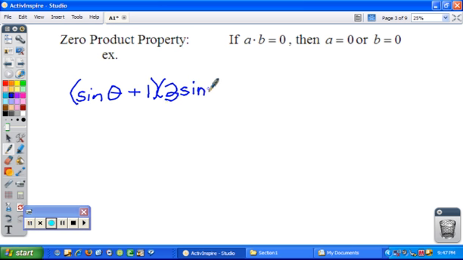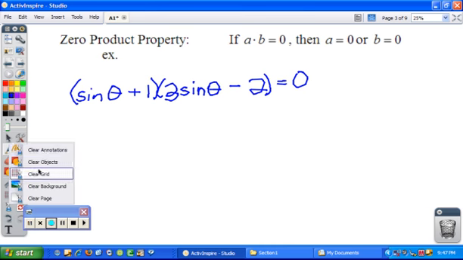Actually, that would be a 3, and that would be a 2. And this equals 0. And you're probably saying to yourself, what are all these symbols? I don't understand what any of this stuff means. This is sin? What does that mean? Actually, it's sine, and this is theta. And you'll learn what that is later. But this is something you're going to see in pre-calc B, and it's just the zero product property. We'll teach you how to solve things like this.